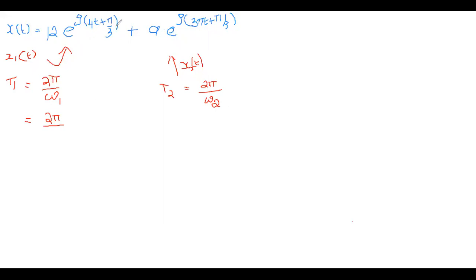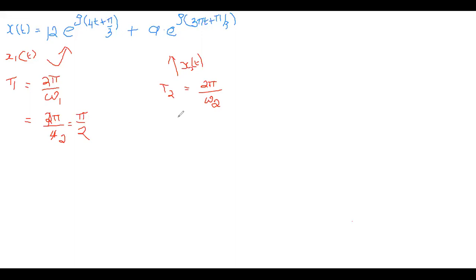Forget about the theta, whatever it may be. Here j multiplied by 4t means omega 1 is equal to 4. Is it not? 2 pi by 4 gives pi by 2. Upon solving, T1 is equal to pi by 2.